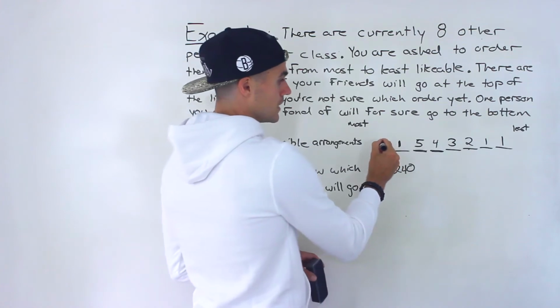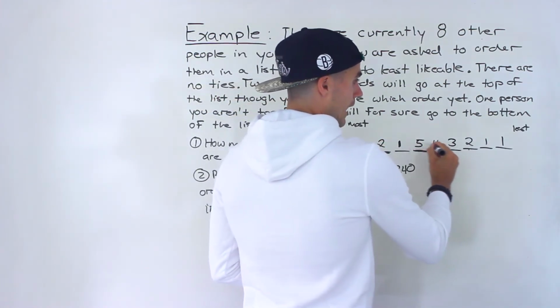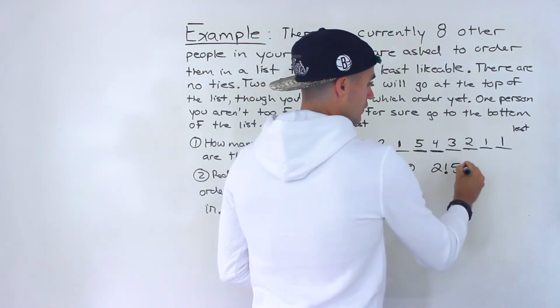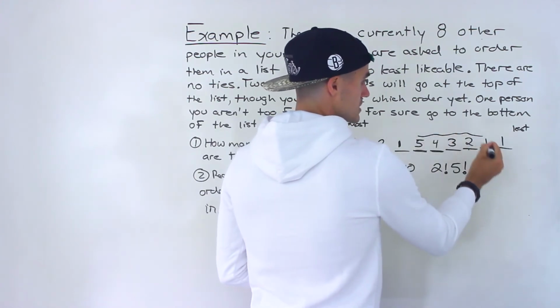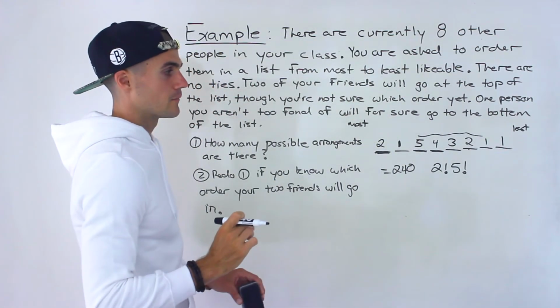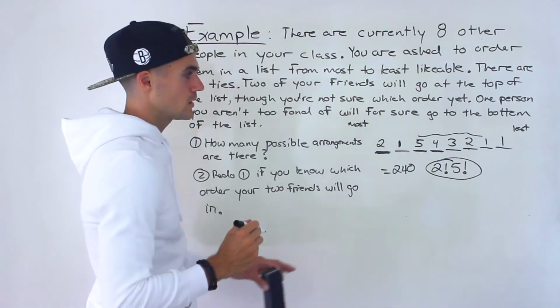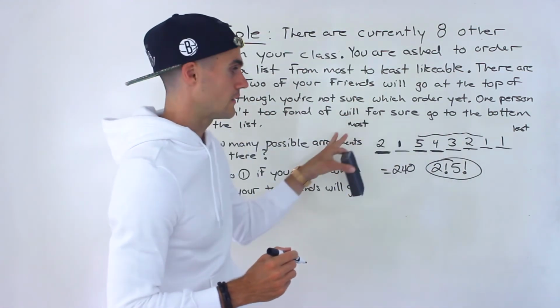So basically, 2 times 1 here, this would be 2 factorial. And then this would end up being 5 factorial, these places here. And then this spot is already taken. You're just multiplying by 1 there. Right? So that's another maybe more proper way to show it, in case you don't break it down like this.